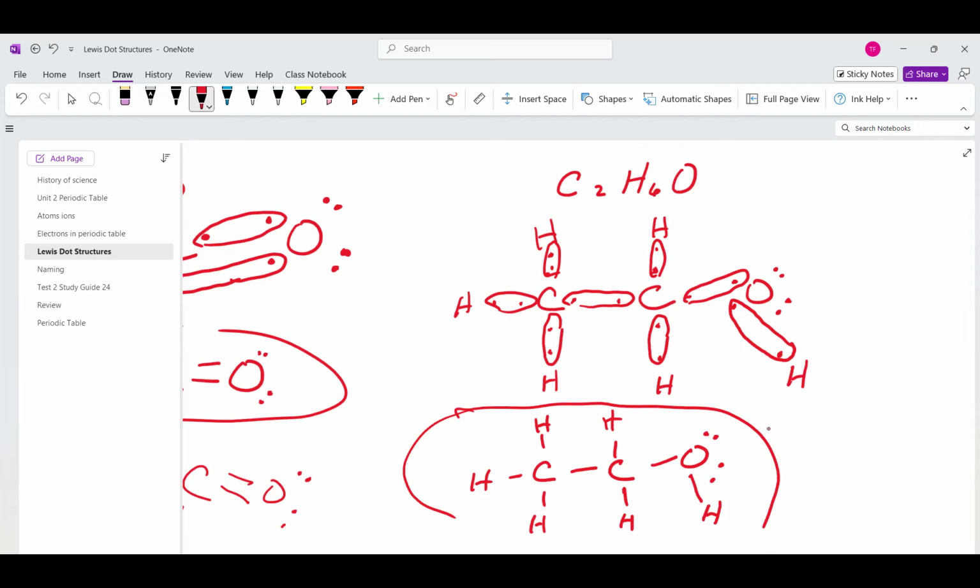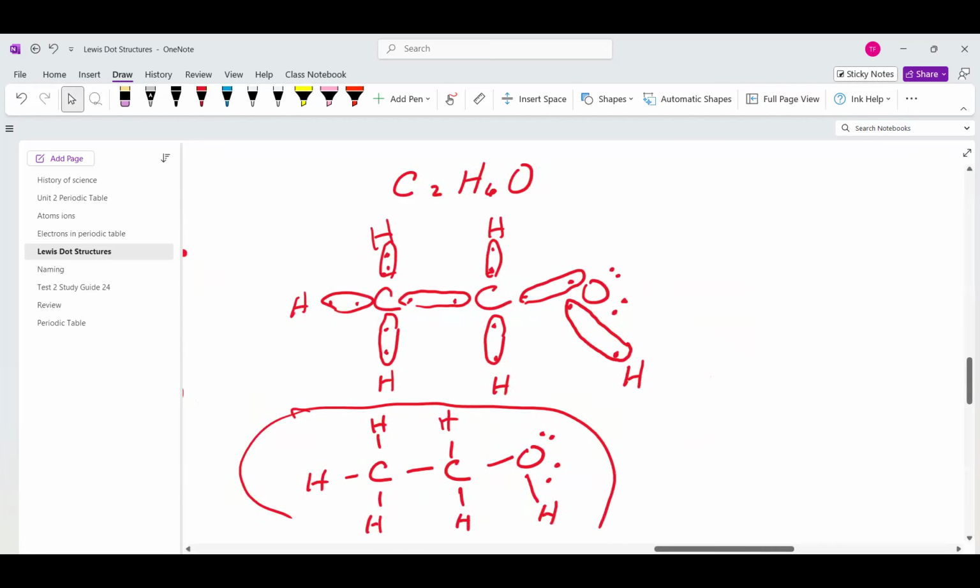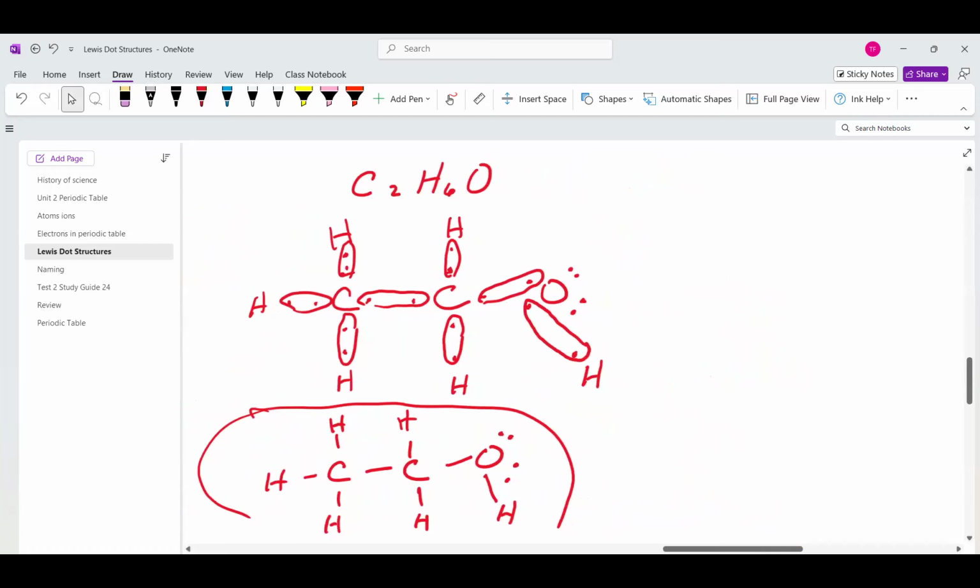Okay, is everyone okay with that? Okay, so let's try another structure using the same formula.